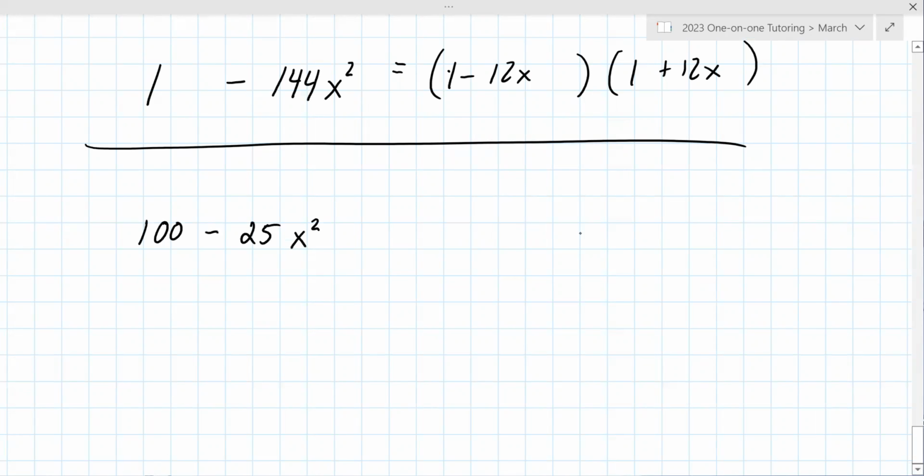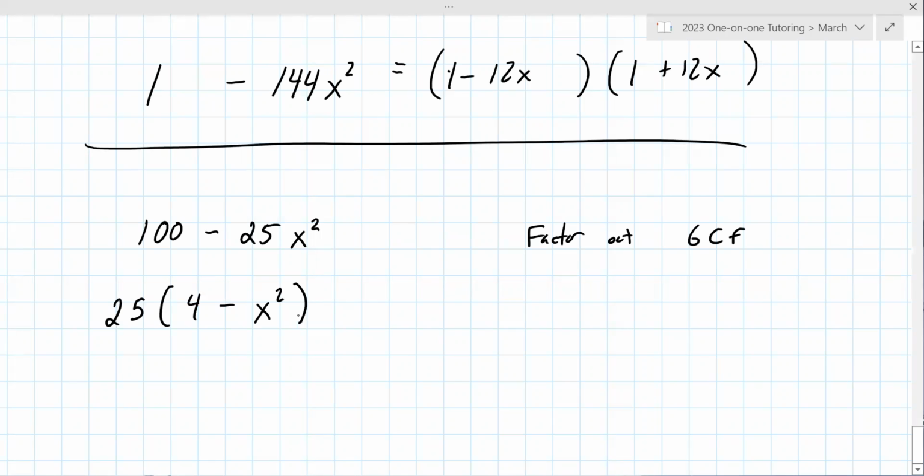While this looks like difference of squares, you actually want to first factor out the GCF. Can you tell me what the GCF is in this case? 25. So it's 25 here, 4 minus x squared, like that.